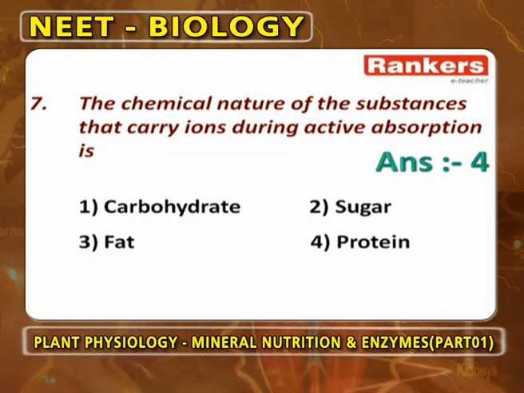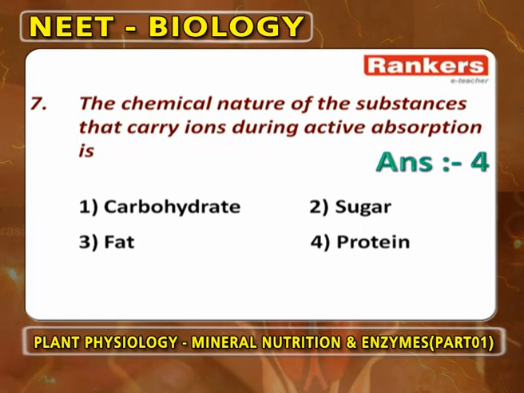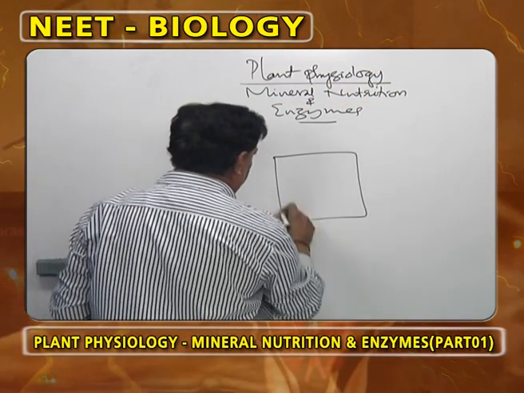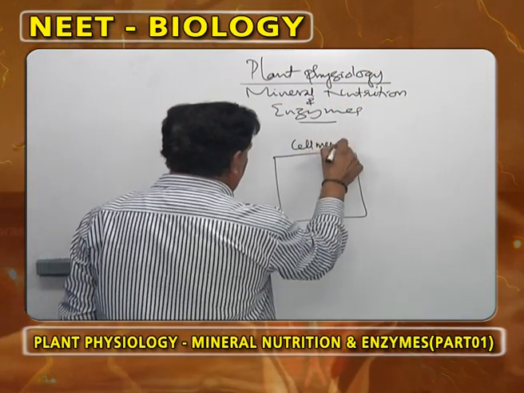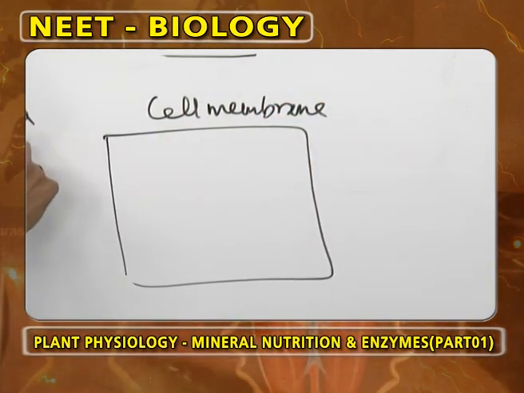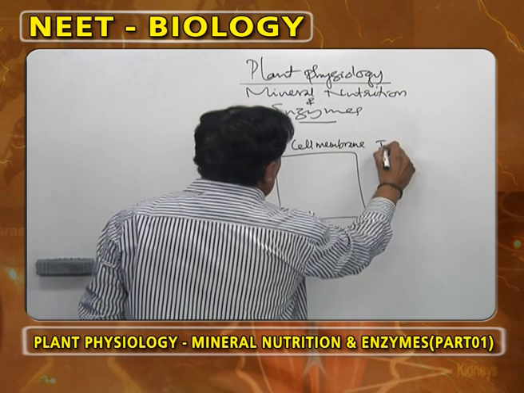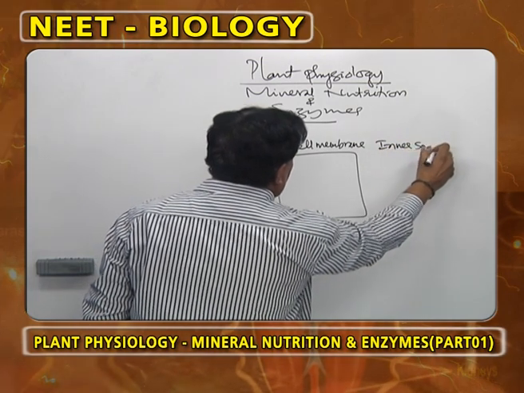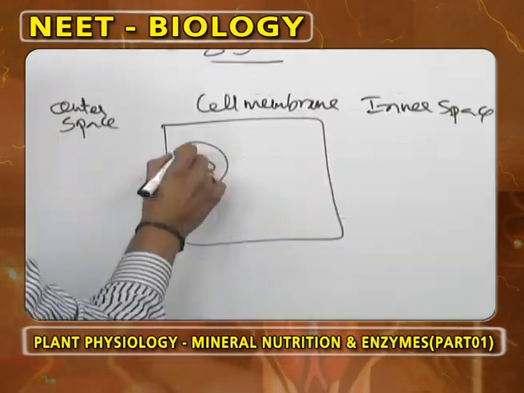The chemical nature of substances that carry ions during active absorption of salts. This is a cell membrane. This is outer space, that is apoplast. It is inner space, that is symplast. Here special carriers are present.